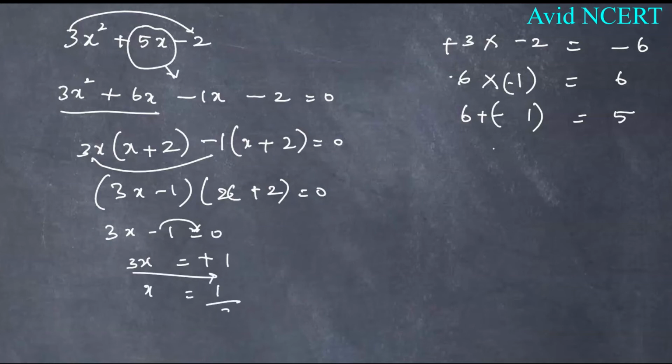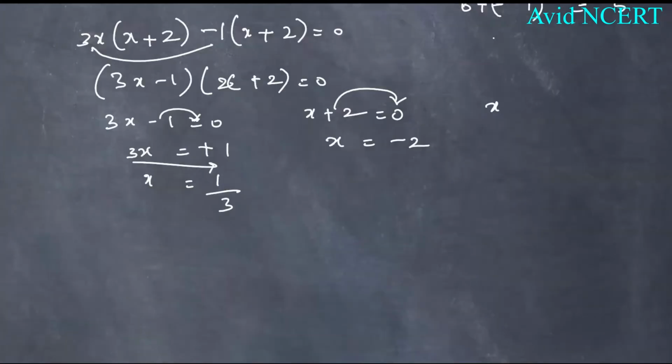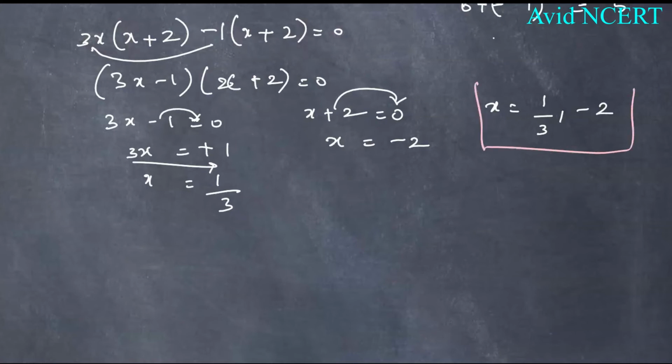Whereas for this, x plus 2 equals 0, so x equals minus 2. So the zeros we have found here are x equals 1 by 3, minus 2. These are the zeros we have got for this quadratic polynomial.